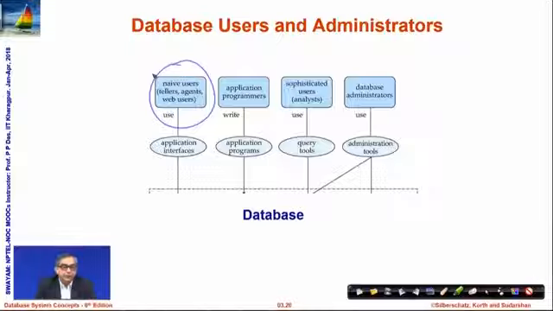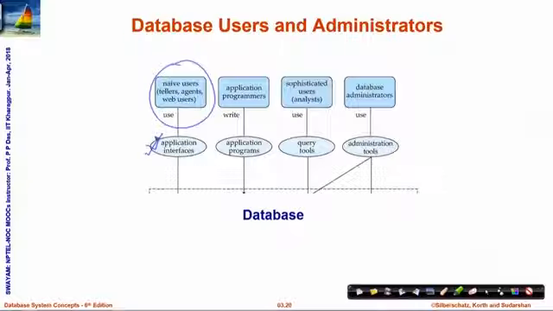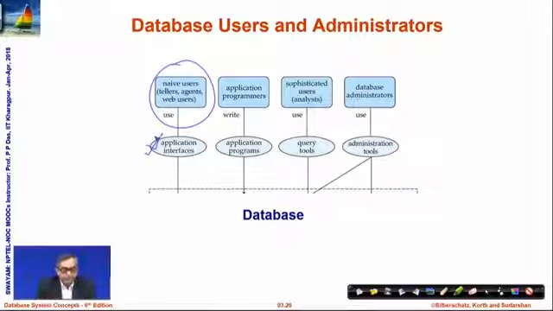That person does not know the database management system, but just needs to know the particular application. He knows a few graphical screens, what needs to be filled up where, which button needs to be clicked, and can use this database through an application interface. This is the lowest level of user.